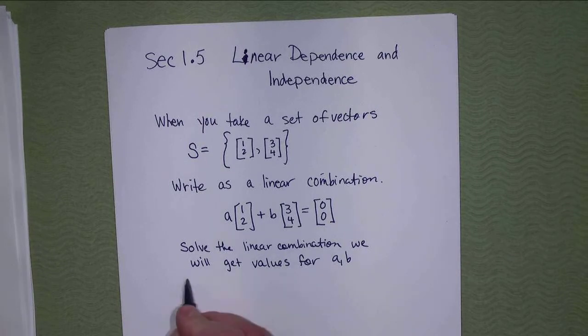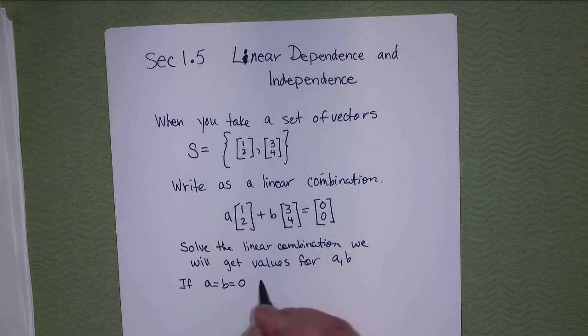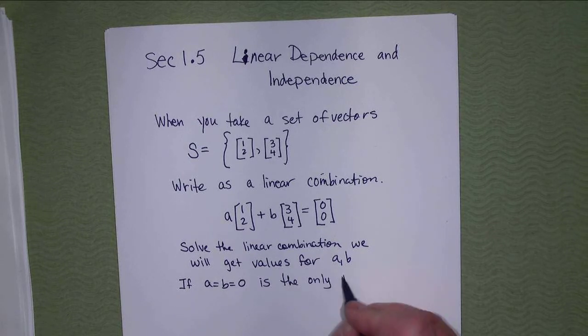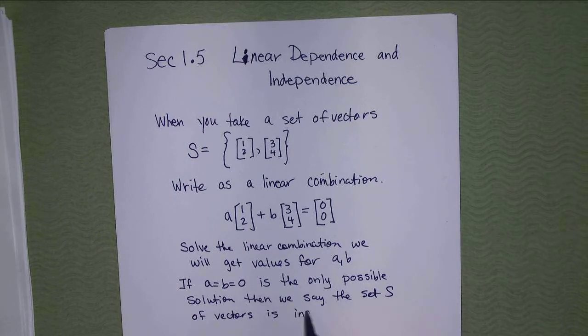So if A equals B equals 0 is the only solution, then we say the set S of vectors is independent.